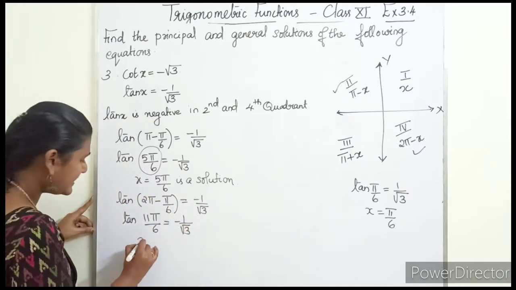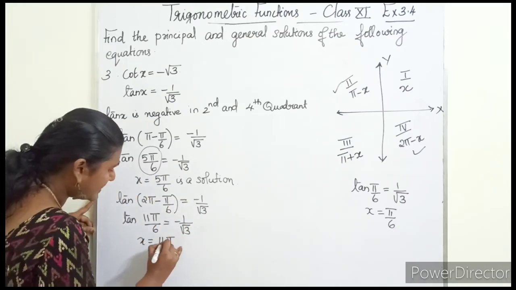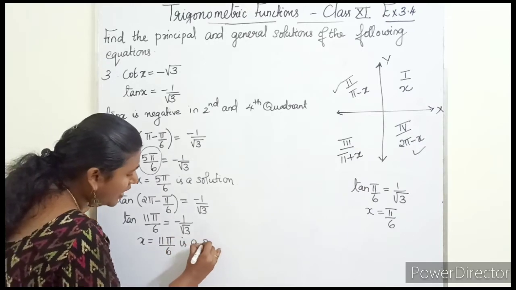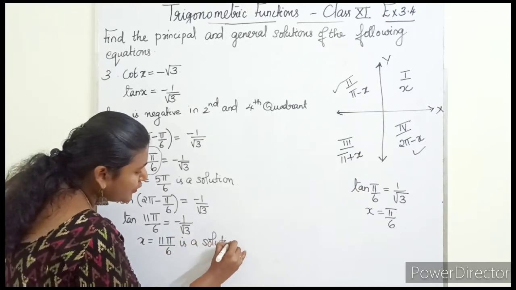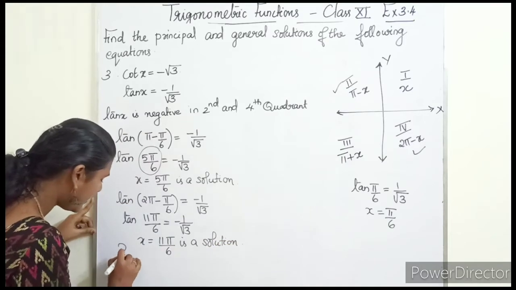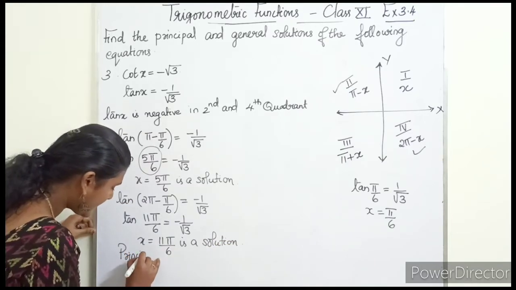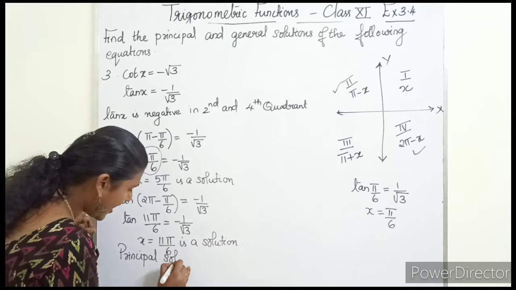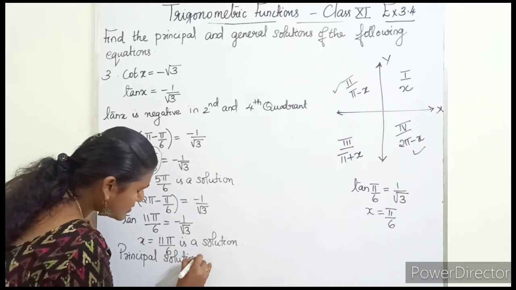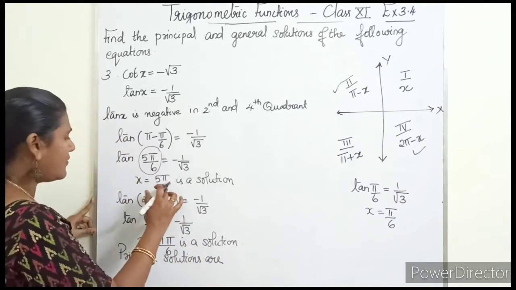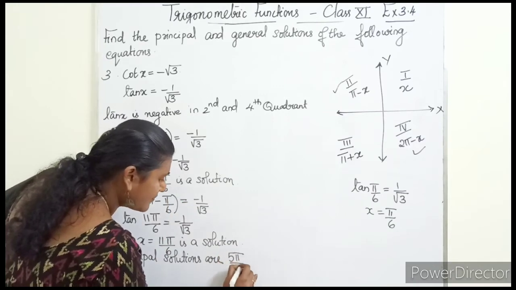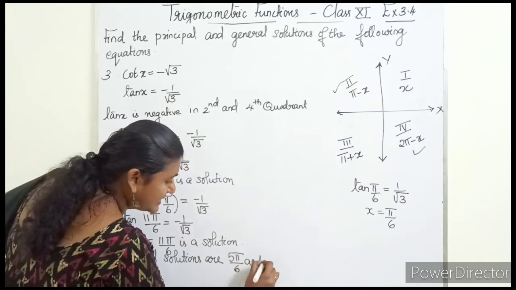Okay, so x is equal to 11π/6 is a solution. So we got the principal solutions. The two principal solutions are 5π/6 and 11π/6.